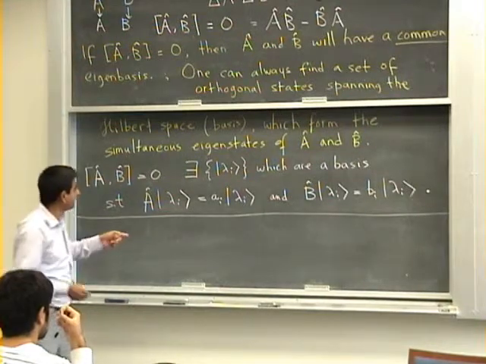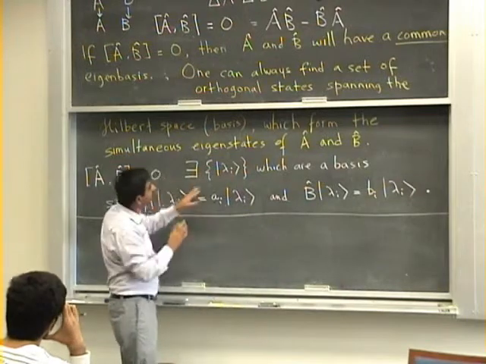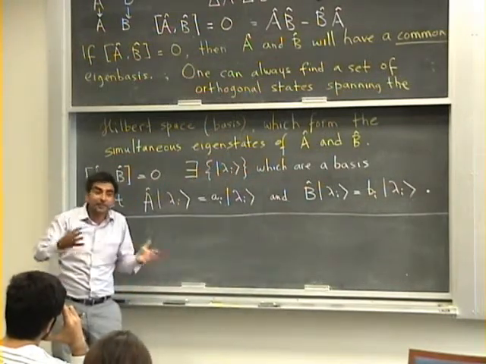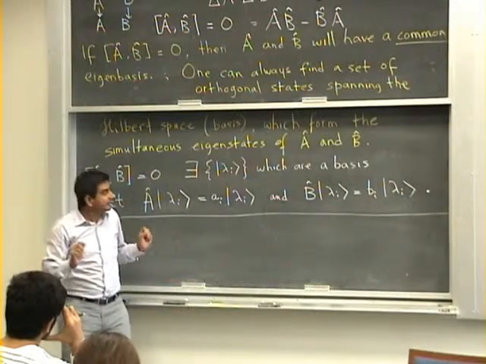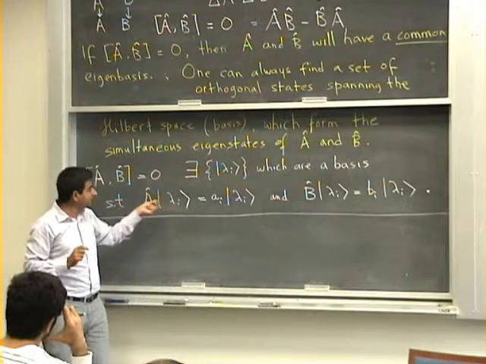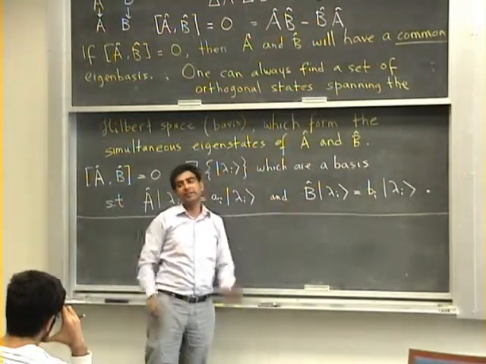They can be different eigenvalues. This eigenvalue can be different from this eigenvalue. But there always exists a set of orthogonal states which form the basis for this Hilbert space, such that these orthogonal states form eigenstates of A and simultaneously they are eigenstates of B.